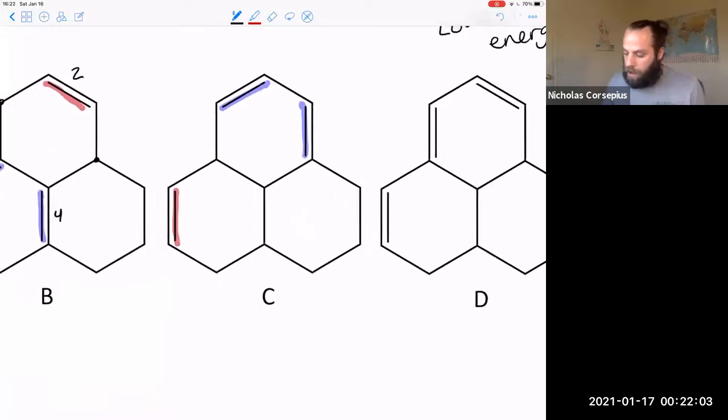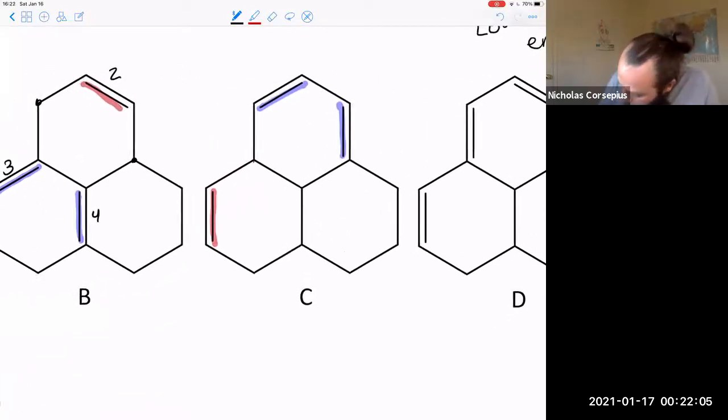Now moving over here, for this isolated double bond, 1, 2. What about this one? Again, 1, 2. And finally, 1, 2, 3 for this one here. So that would be a 3.